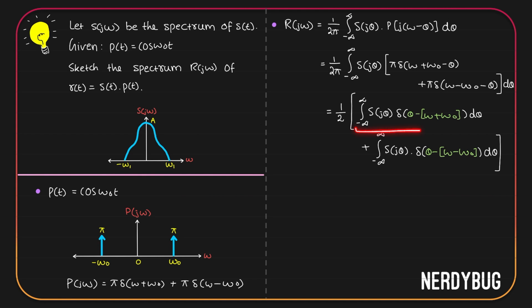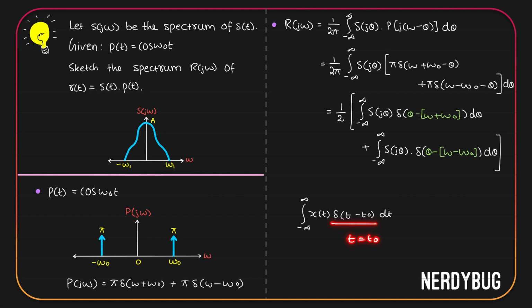Now let us take a look at the first integration. We have to integrate from minus infinity to infinity S of j theta multiplied by delta of theta minus omega plus omega naught. Consider integral from minus infinity to infinity x of t delta of t minus t naught dt. We know delta of t minus t naught has non-zero value only at t equal to t naught.